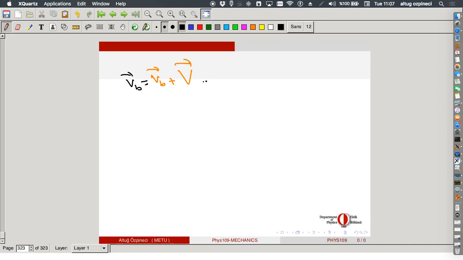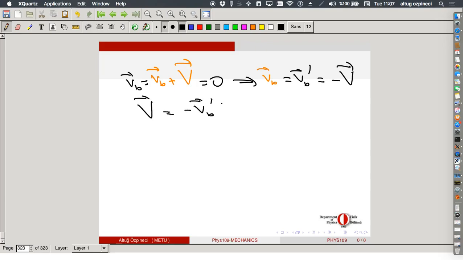This is 0. Which basically means that VB in orange, let's just call it VB prime, is equal to minus V, or V is equal to minus VB prime.